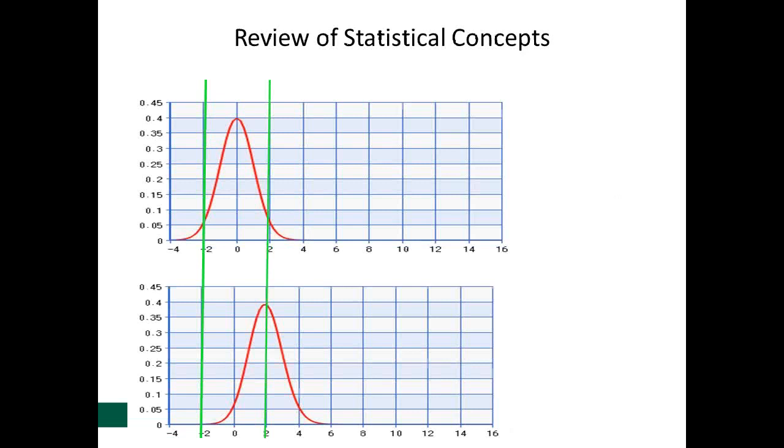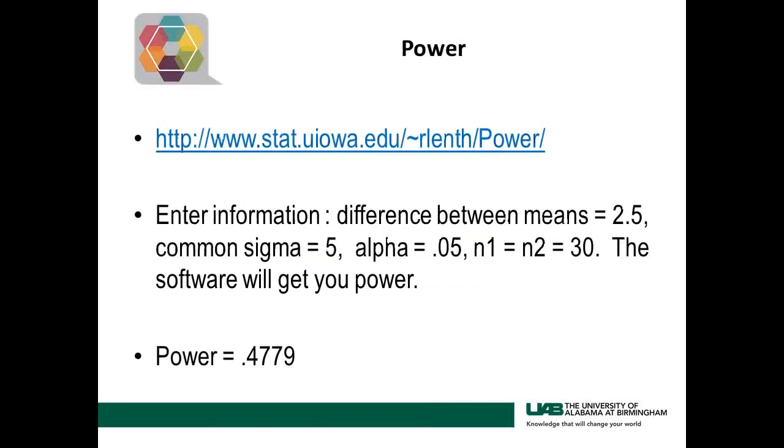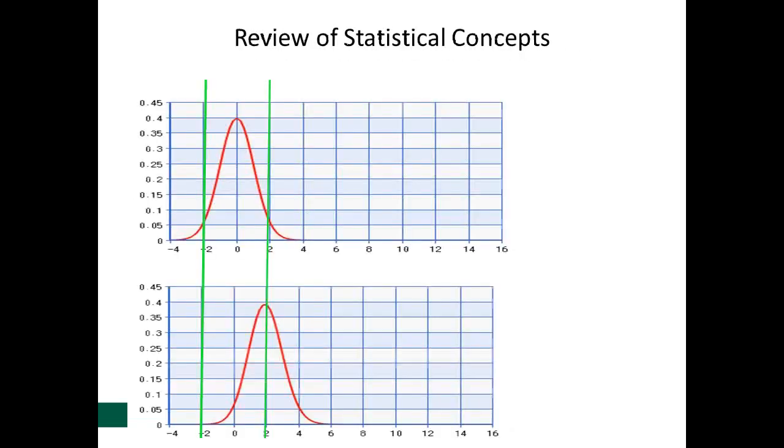It means under that assumption, 47% of the alternative distribution under this scenario. Because by detailing all these pieces, 2.5, 5, 0.05, and 30, you set up enough information to draw out two distributions.